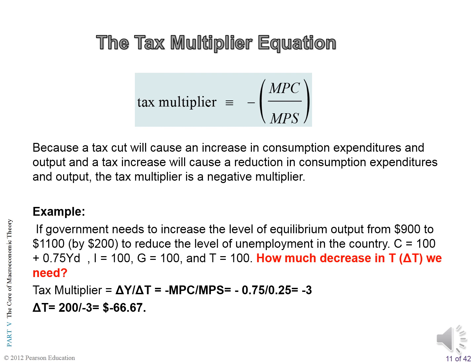Why? Because the effect of G on Y is stronger than the effect of T on Y. As we agreed, G has a dollar-for-dollar effect on aggregate expenditure, but T has an indirect effect on aggregate expenditure through the marginal propensity to consume. These two slides are very important, so make sure you understand them well.